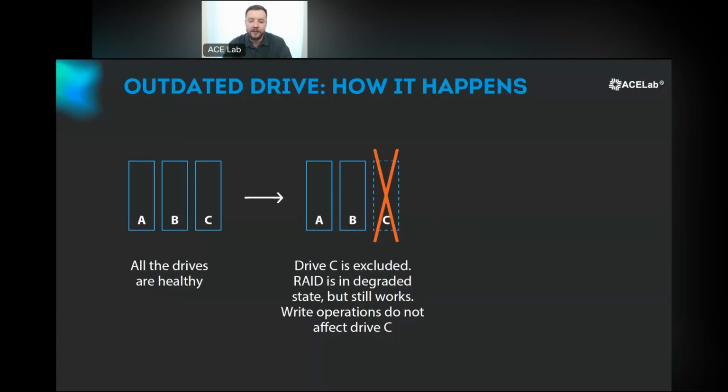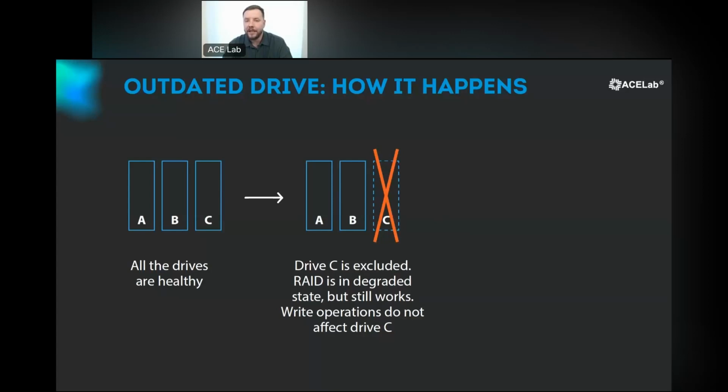Yeah, it works in degraded mode. It may try to say that something happened, but no one knows. It's a typical situation in real life. And the RAID is still working without drive C.